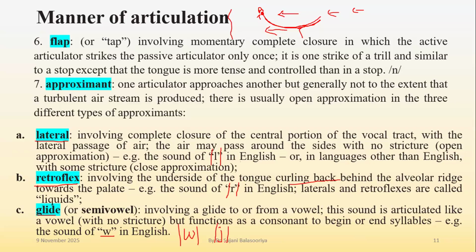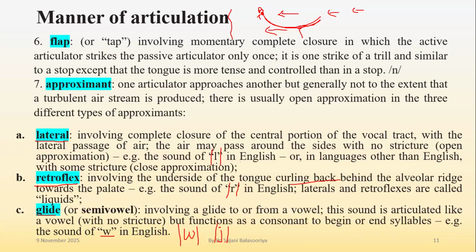Then what is the special thing here? Semivowels contain characteristics of both vowels and consonants. We usually produce these two sounds like vowel sounds. Now, vowel is our next discussion. There's a very big difference between the production of vowel and consonant, right? When we produce a consonant, there is some kind of obstruction or blockage done to the airflow, no?